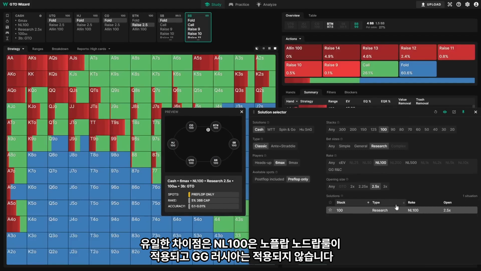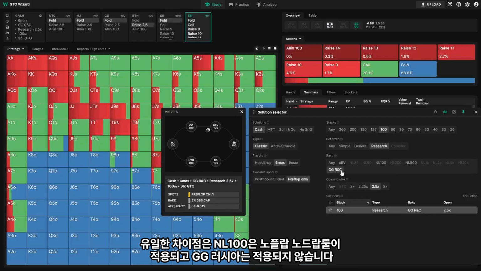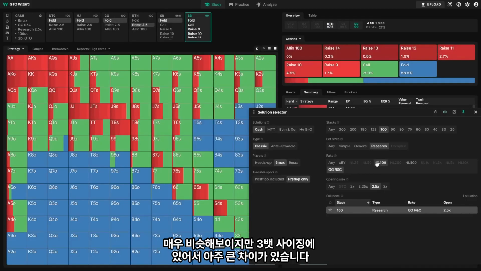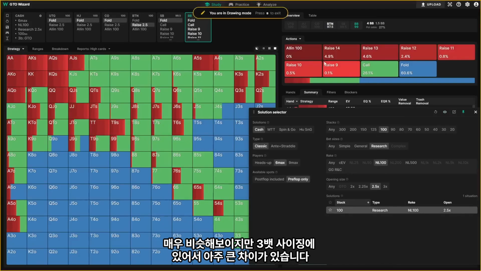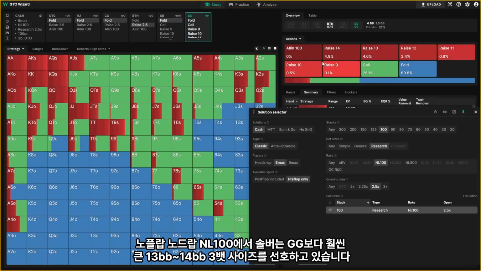The only difference is that at NL100, no flop, no drop rule is in effect, whereas in GG Russian cash, that is not the case. Now, these look pretty similar, but there's one huge difference, and that is 3-bet sizing. So here, NL100, when the no flop, no drop rule is in effect, solver prefers much larger 3-bet sizes, 12, 13, 14 big blinds even.